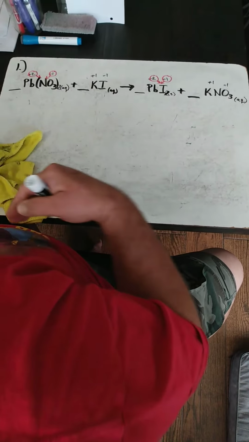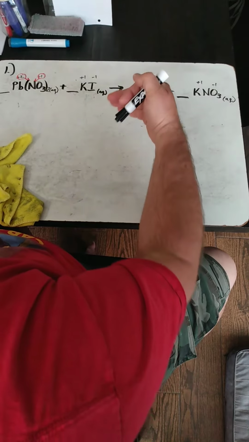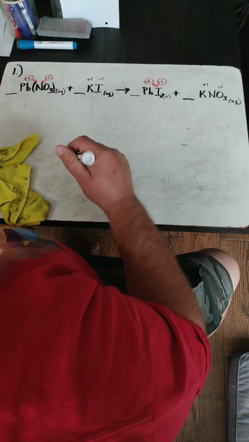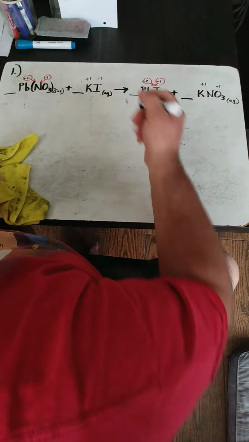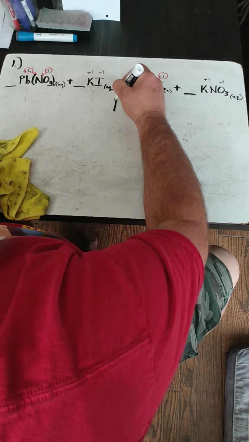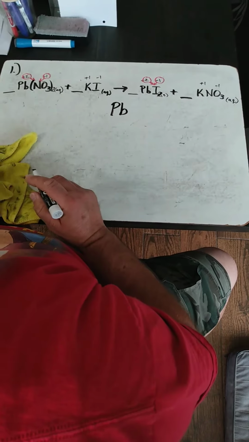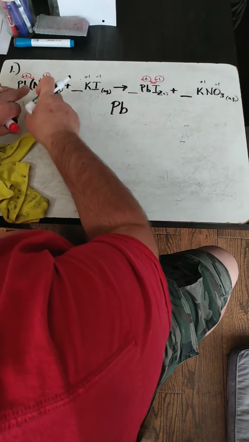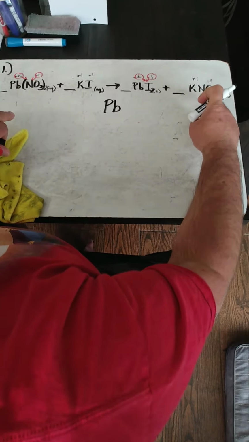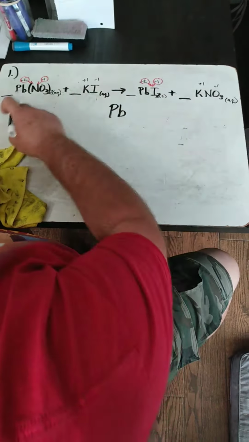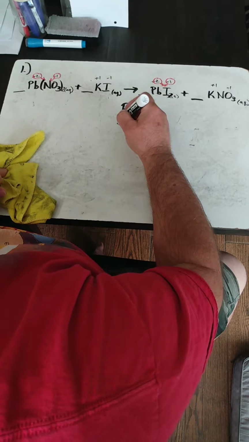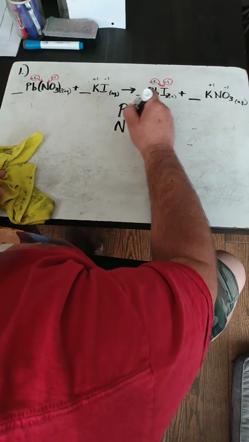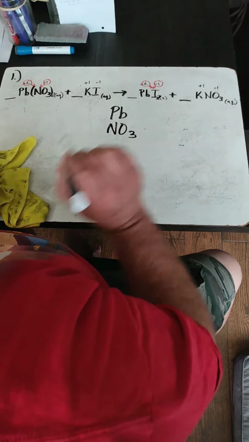Okay, now I can start listing and doing my atomic inventory. So we're going to start right here with lead. Right underneath the yield symbol, I'm going to put my lead. I'm going to put nitrate as a group because nitrate is also over on this side with the products and reactants. So I'm going to keep it as a group instead of breaking up the N and the O. So NO3 stays together.